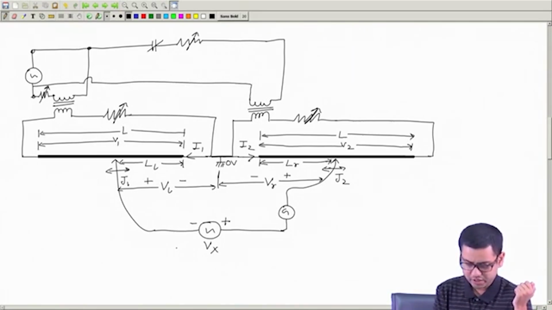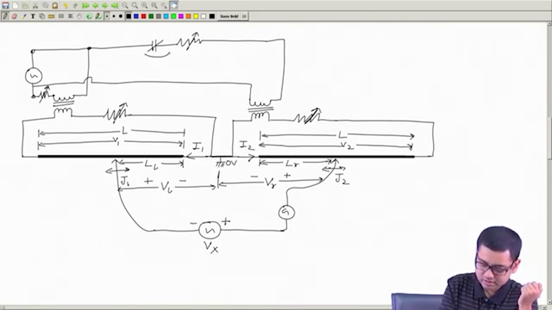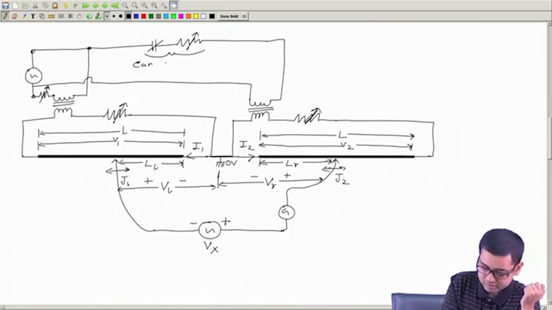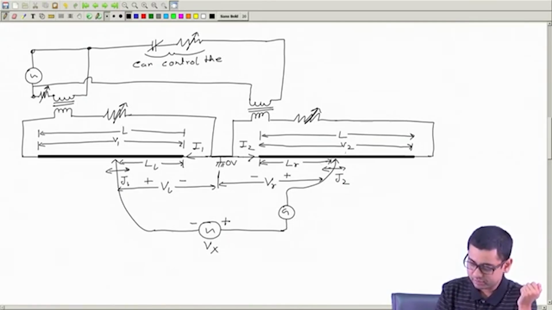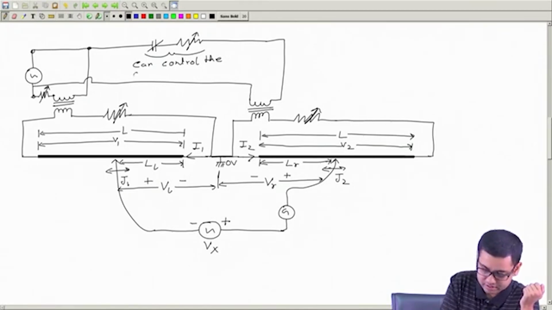Now, so this can control the magnitude and phase angle between the V1 and V2, can control the angle between V1 and V2.